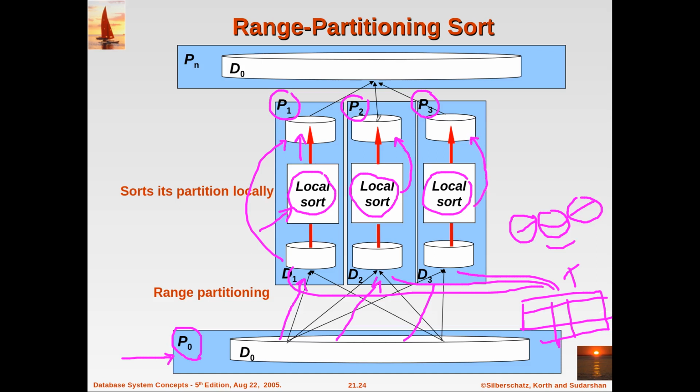As you know, the first range sorted elements are present in this disk, second range sorted elements are present in this disk, and the third partition that is being sorted is stored in this particular disk. So this is the portion where we are doing sorting on P1, P2 and P3, three different processes.